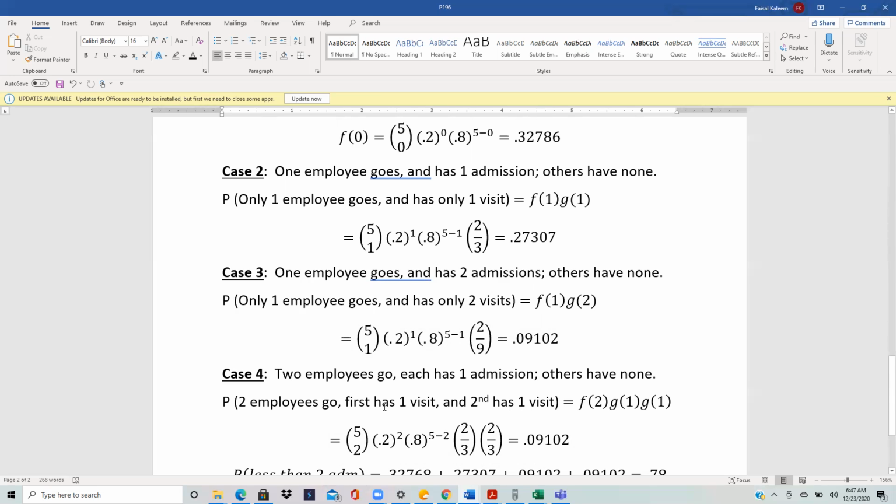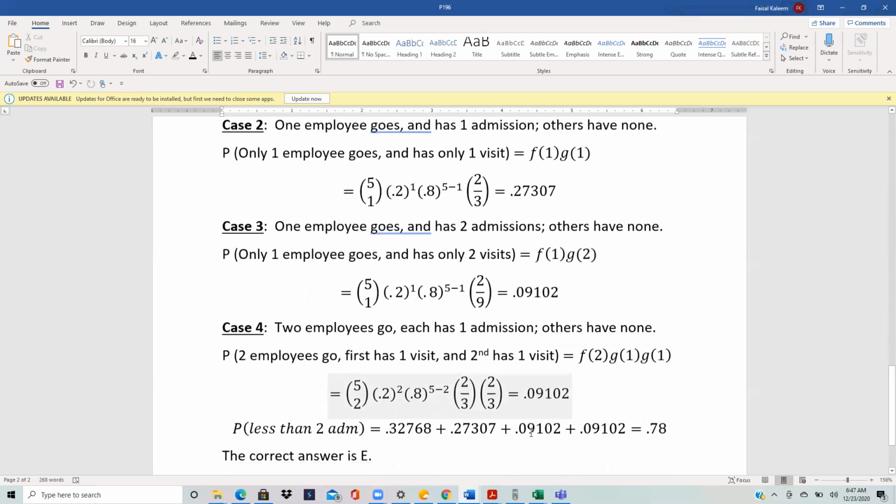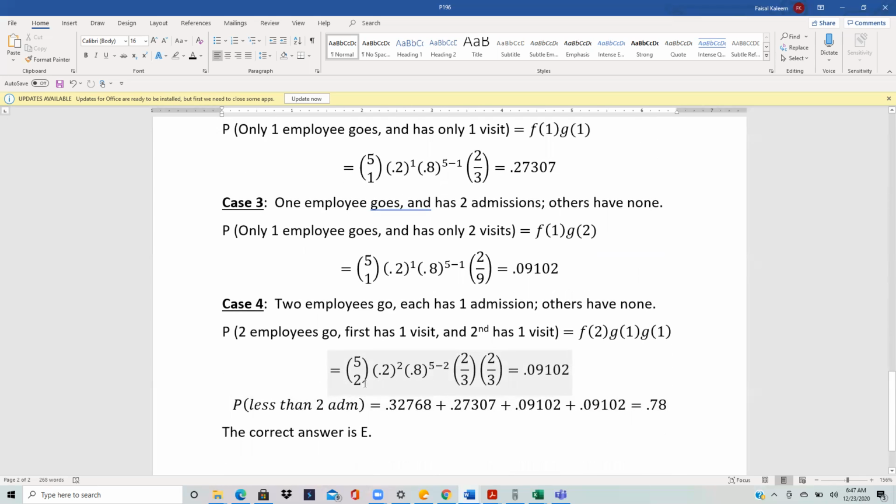So 2 employees go is f of 2, first one has 1 visit is g of 1, and second one has 1 visit is g of 1. When we substitute 2 in the binomial and then g of 1 times g of 1, this one is also 0.09102.